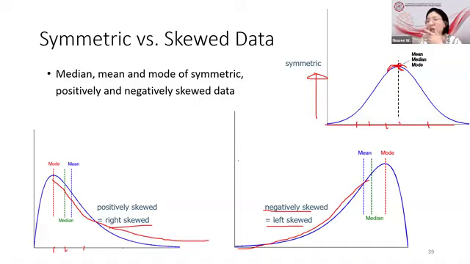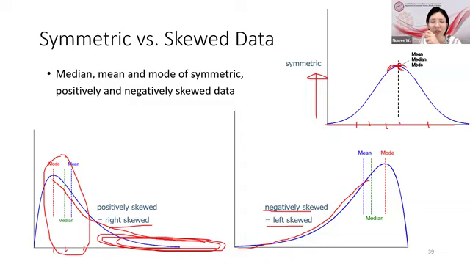If it is positively skewed like this, it means that there are very few people who get a high grade, like 100 or 80, right? But most of the people get small grades, the low ones, like 20 or 30.